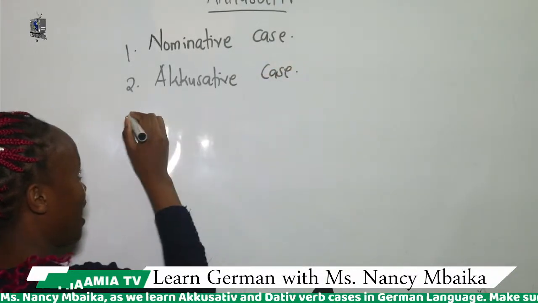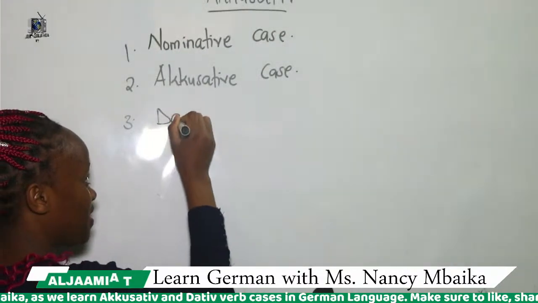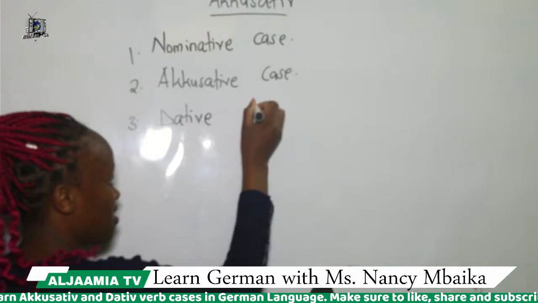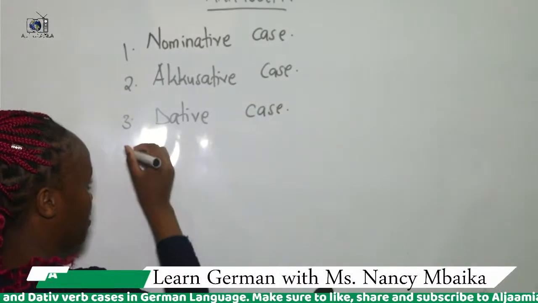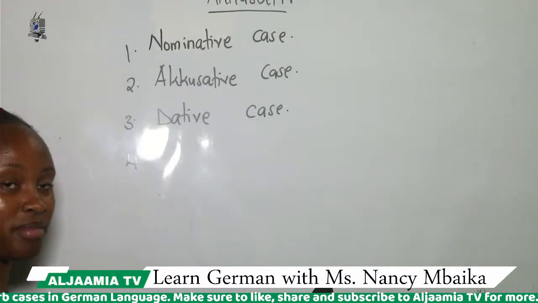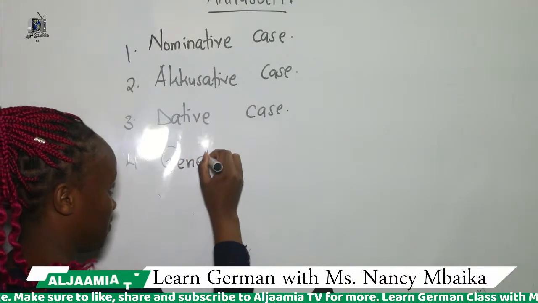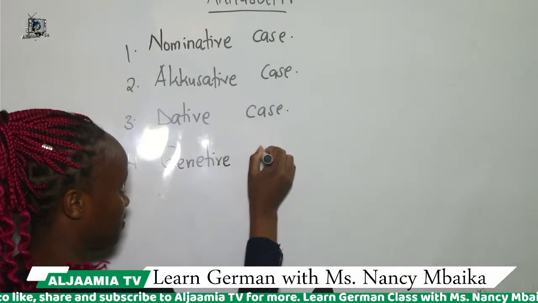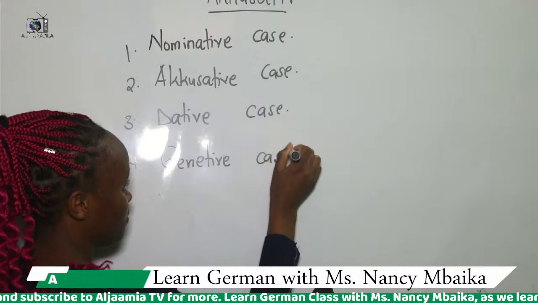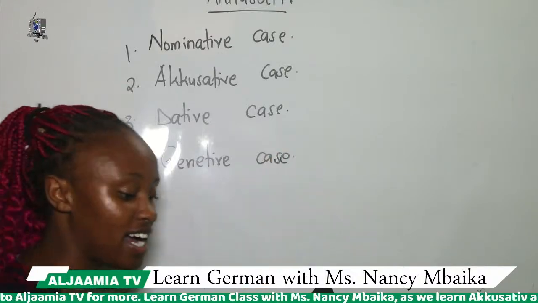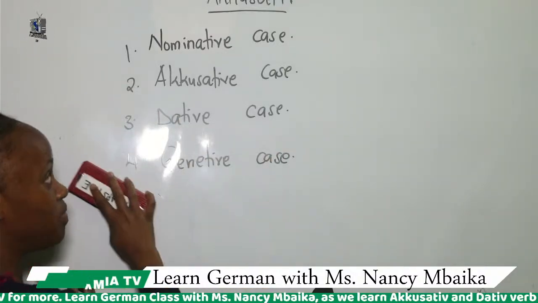We also have number 3, the dative case. And the final case that we have in German is the genitive case. And we are going to start with our first case, the nominative case.